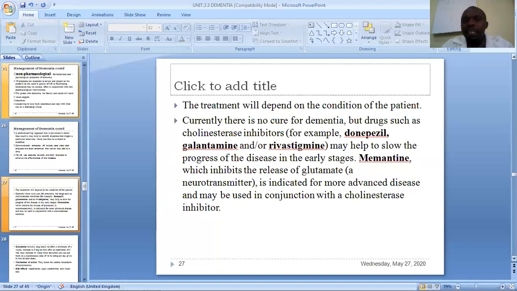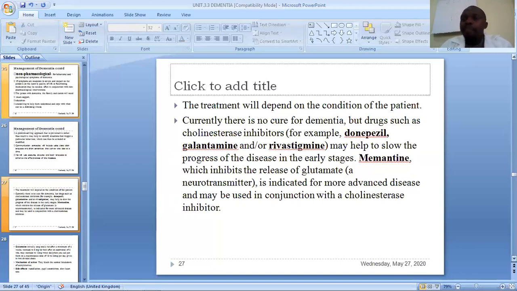Memantine, which inhibits the release of glutamate, a neurotransmitter, is indicated for more advanced disease and may be used in conjunction with a cholinesterase inhibitor like galantamine that will help the patient.